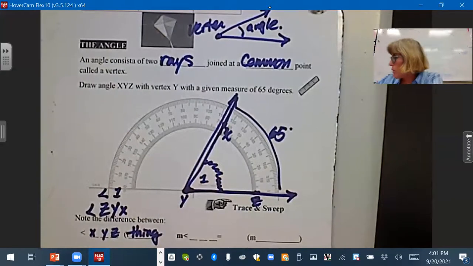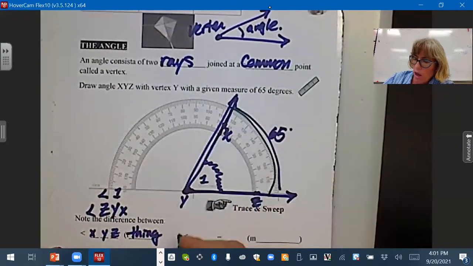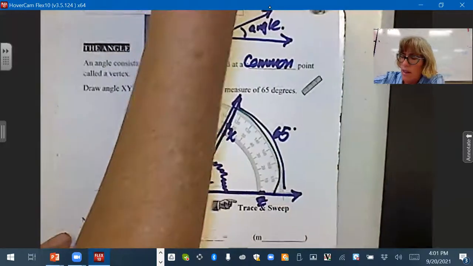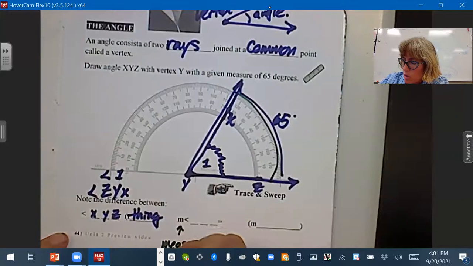Now, if I want to talk about the measure of the angle, the degree measure of XYZ, that's what this little m is for. That little m means measure of.